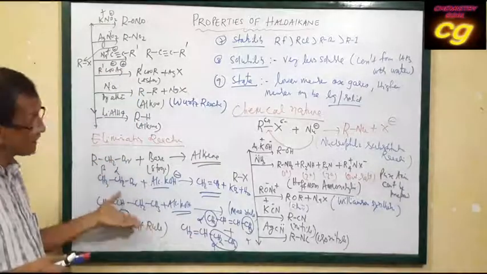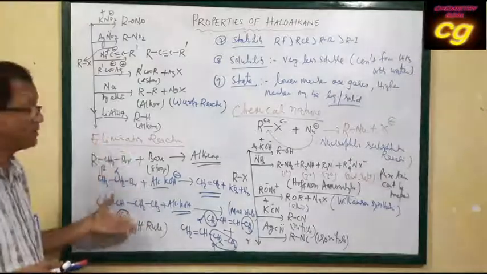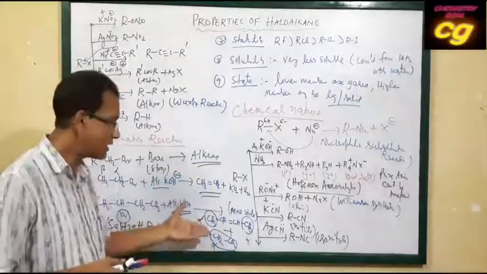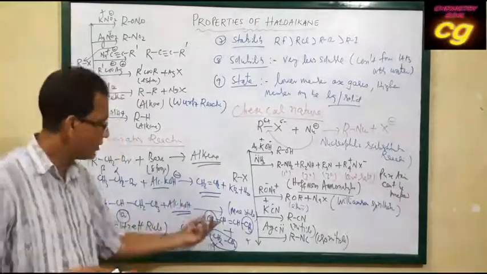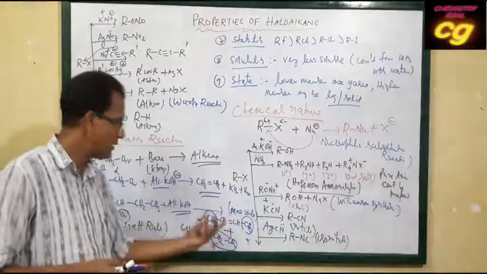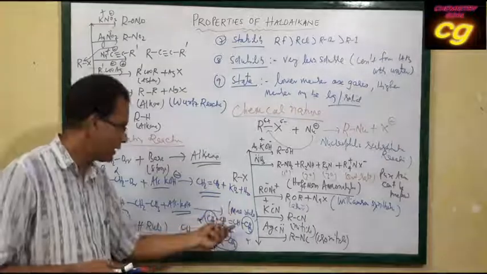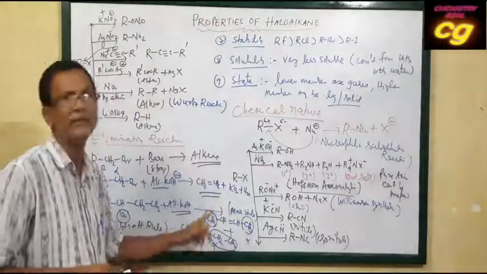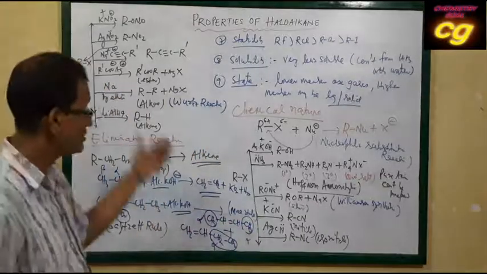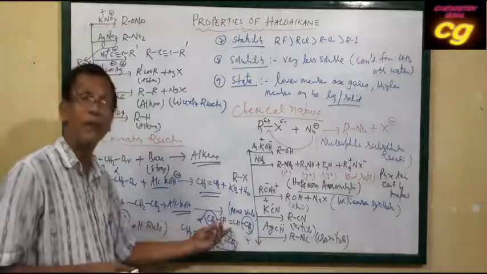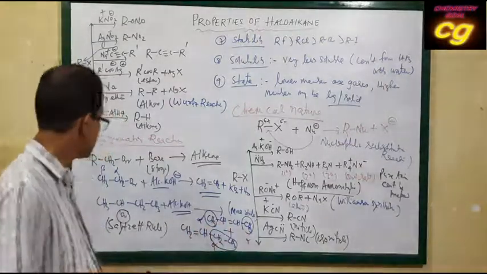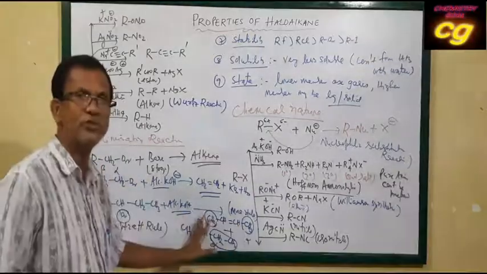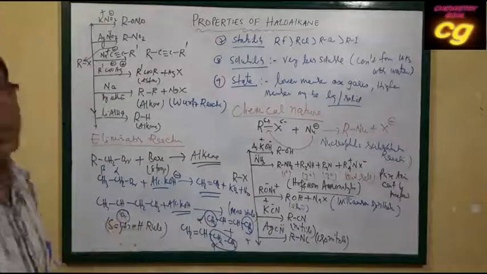So this is the important elimination reaction of haloalkane forming alkene. And which alkene will be more stable? We have to see more branching. If across the double bond more alkyl groups are there, then it is more stable because it has more hyperconjugation structures. That's why we write that the major product is the more substituted product. It obeys which rule? Saytzeff rule.